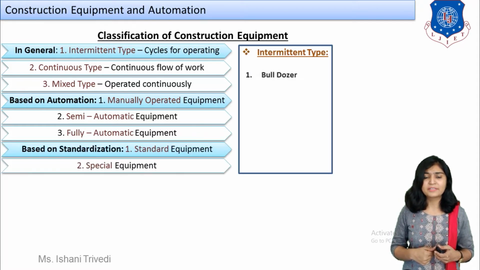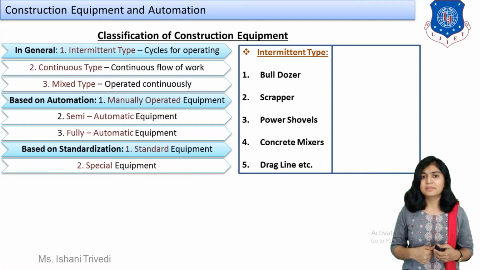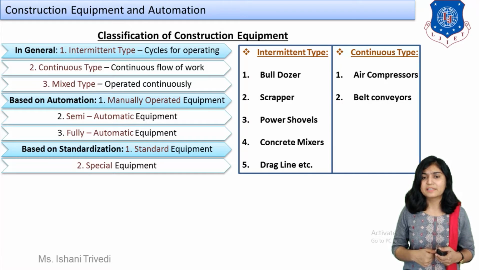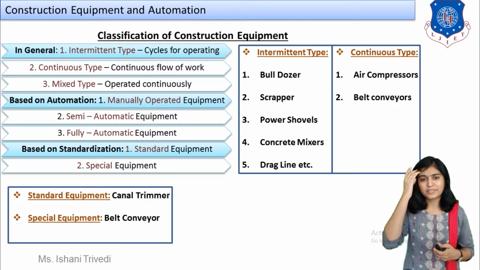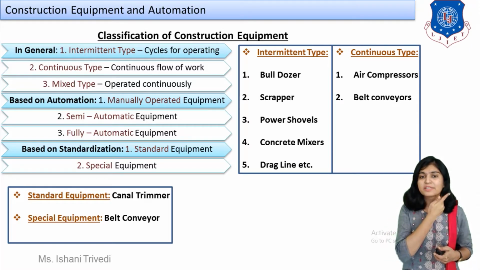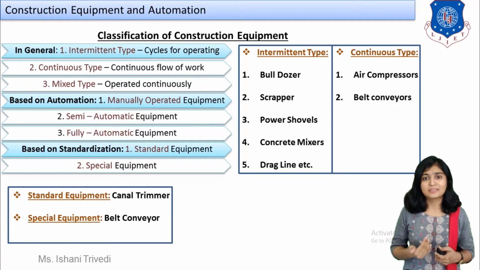Next we have classification based on standardization. I am also flashing some examples over here regarding the intermittent and continuous types. I am going to give examples for everything, but let us first have a look at the classification. The last type of classification is based on standardization.